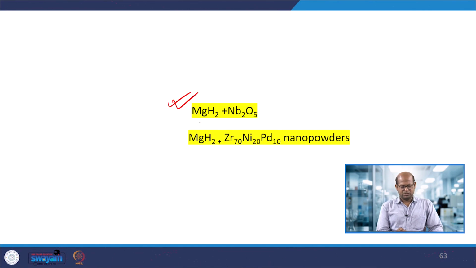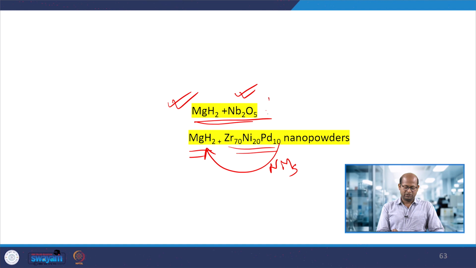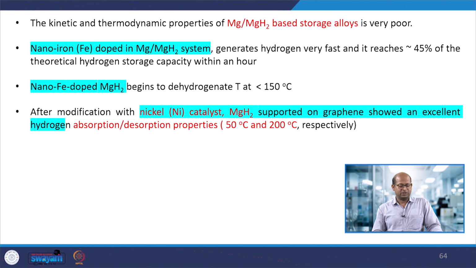And here, these two, MgH2 with these nanomaterials, and MgH2 with zirconium, nickel, palladium nanopowders that can be impregnated, these are the nanomaterials that can be used. These nanomaterials may act as additives, or may act as a catalyst that improves the hydrogen storage capacity, in terms of desorption.